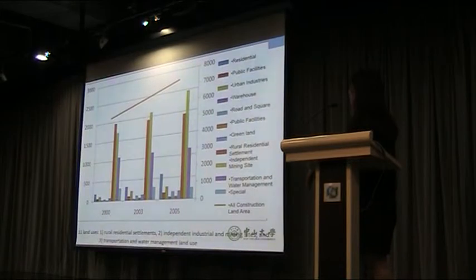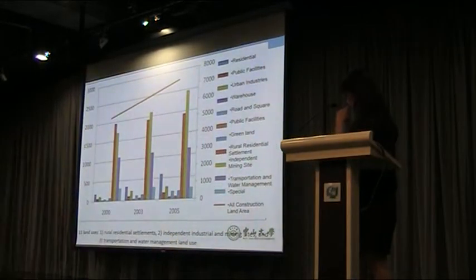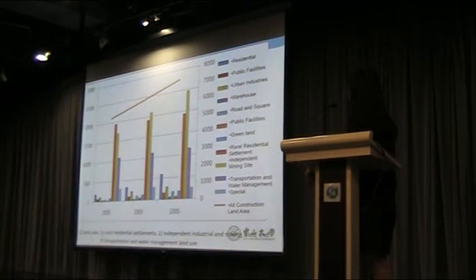Then as for the land use patterns, I mean urban construction land use patterns, also according to the industrial land use guidance, we just summarize them into these 11 categories. We can see that during these recent years, the construction land, urban land, has been increasing a lot.